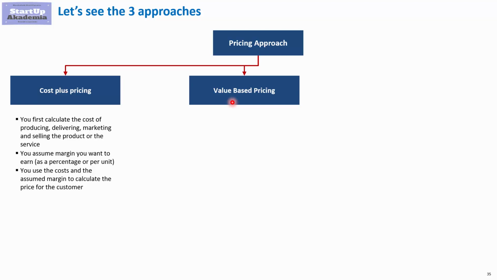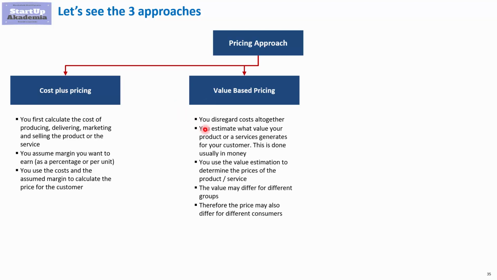What we have discovered as we had more and more data is that you can actually estimate the value, not for the whole population, but even for specific segments of customers. So here, value-based pricing could target specific segments and not the whole population with one price. With big data, you can do it even for an individual customer. Now, in value-based pricing, we, in a sense, disregard the costs altogether.